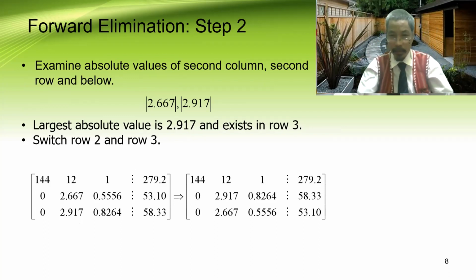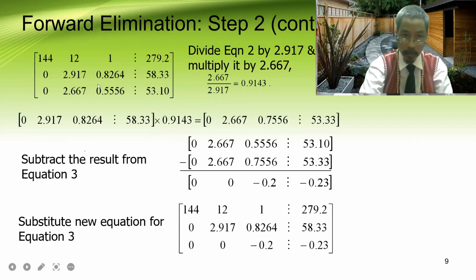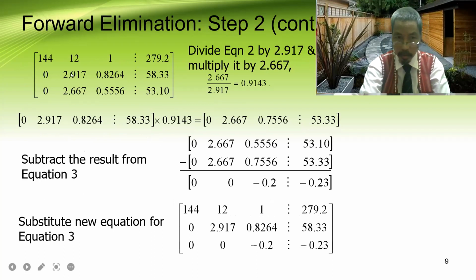Very easy to do. Now let us use equation 2, manipulate equation 2 in order to subtract it from equation 3, and we'll make equation 3's second coefficient 0. Let's do that. Manipulate equation 2 by dividing it by 2.917.